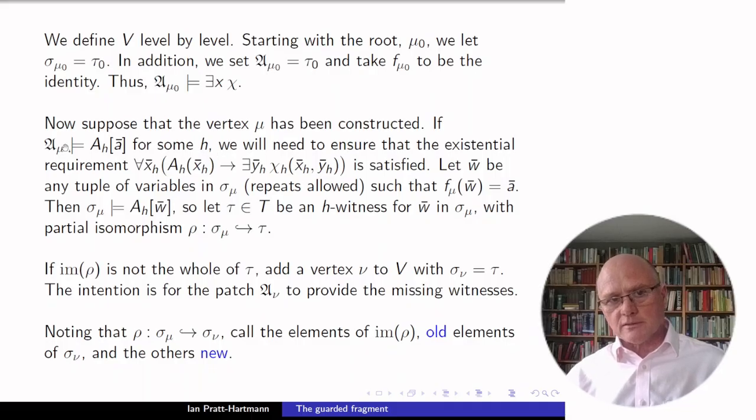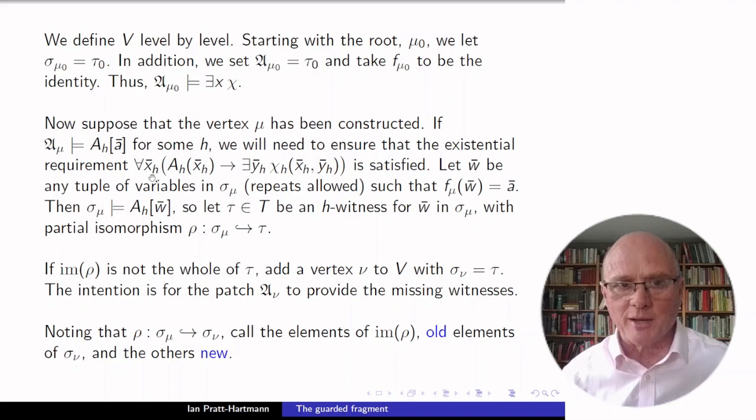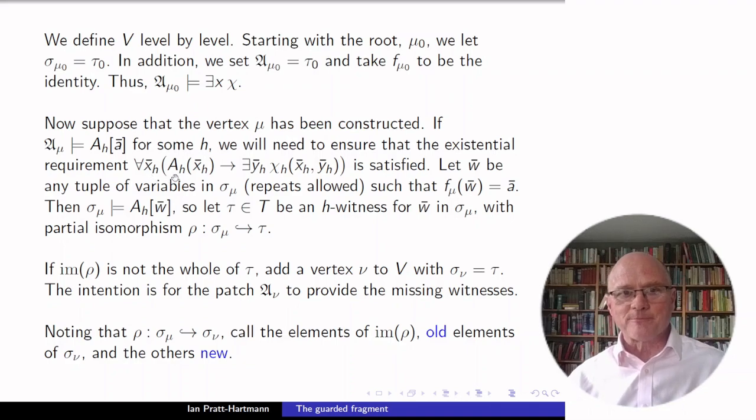Okay, so suppose we've got a vertex mu, the structure associated with that vertex, A mu, a tuple in that structure, and let's suppose that that tuple satisfies the guard on one of these witness requirements. The guard is AH. It's the hth witness requirement that we're interested in here.